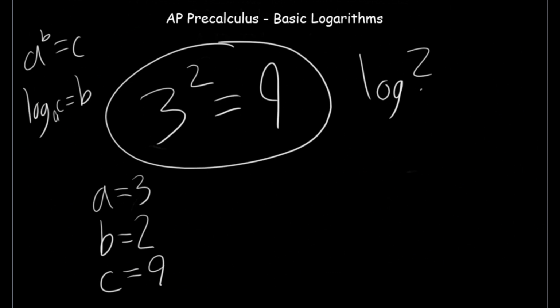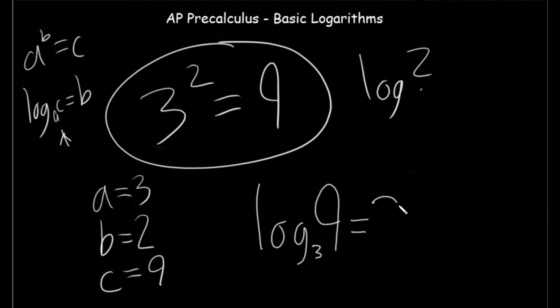So now you just basically want to rearrange that in logarithmic form. We see that a is the base in log. So you're going to do log base 3 of 9, because 9 is c, equals 2.